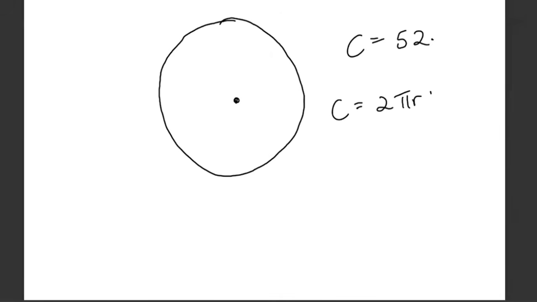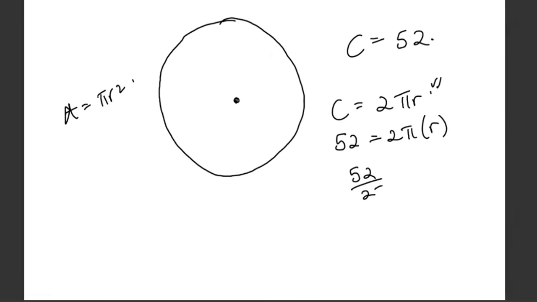What we need to find is the radius first because area is going to be pi radius squared. So 52 is twice pi multiplied by the radius, divide both sides by 2 pi. So 52 over 2 pi is r, meaning that our radius is 26 over pi.